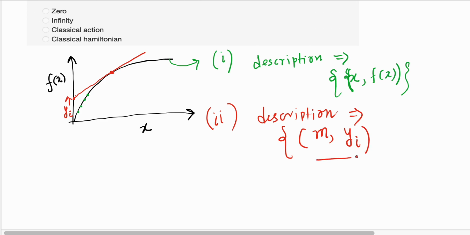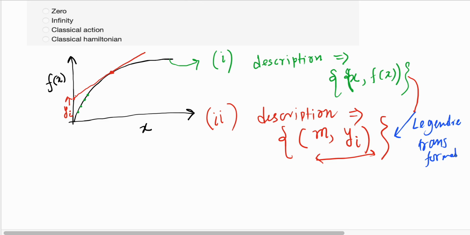So by these two pieces of information, you can also describe this curve. Now this description is called mathematically the Legendre transform, the Legendre transformation of this curve.